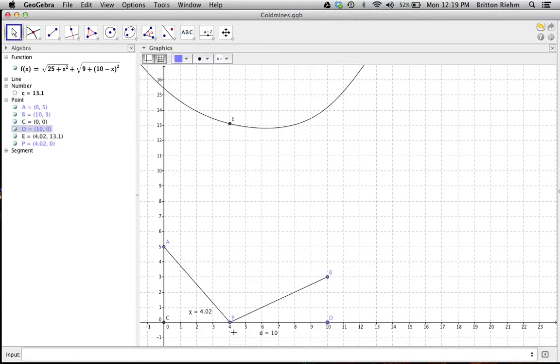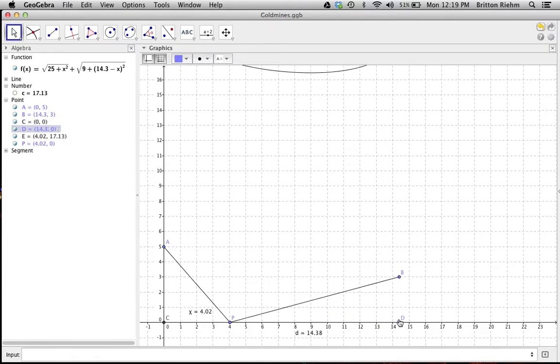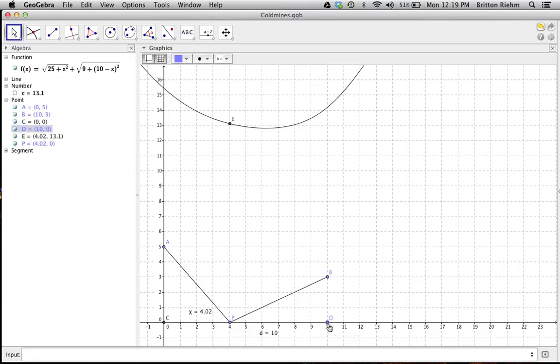Well, because you're going to need more pipeline here to go from A to P to B. And so, therefore, the graph is moving up. In other words, the amount of pipeline needed is increasing. And you can see that if I have a larger distance, it would go all the way up here. But let's look at 10.